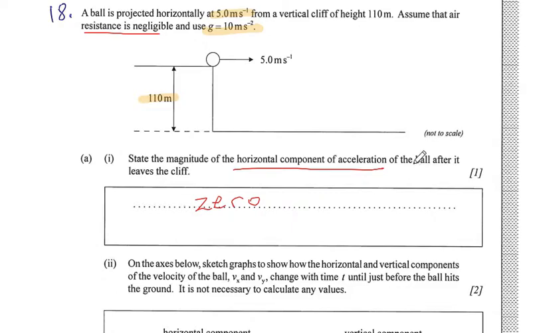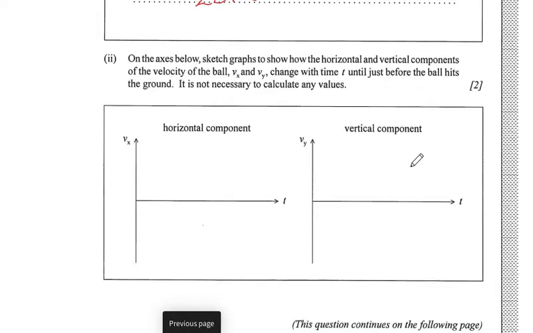Horizontal acceleration is 0. So to sketch the graphs of x component and y component of the velocities, we know the x component is constant, and we know that velocity y component is initially 0, and it increases in the negative direction.